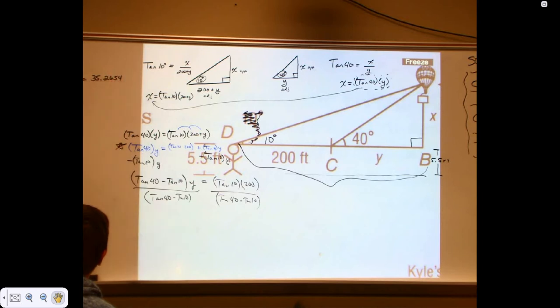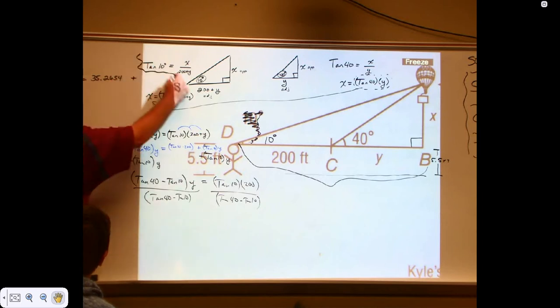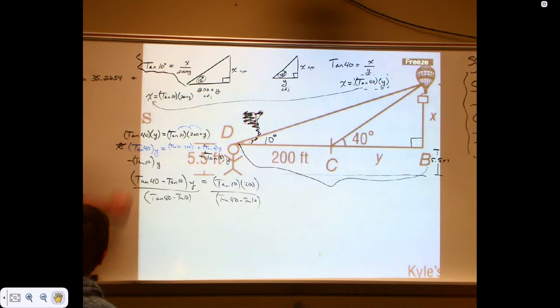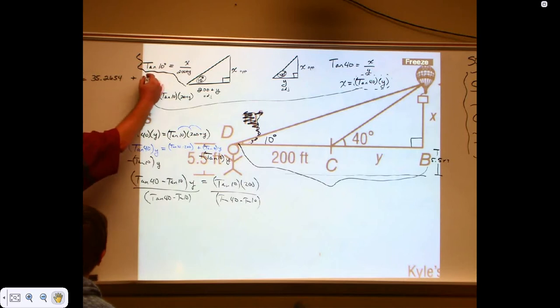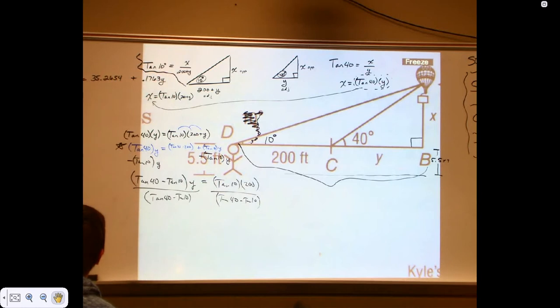Right? Plus, what's tangent of 10? 0.1763 y. That looks a little more like something you're used to solving, doesn't it?